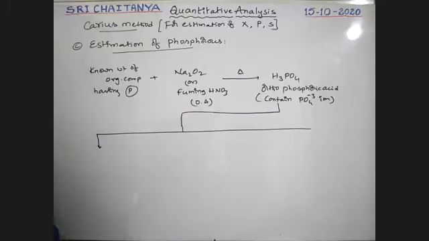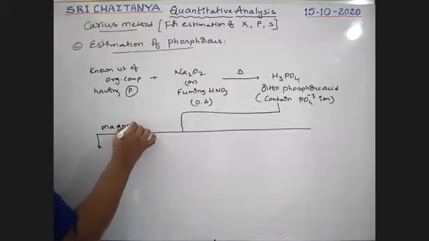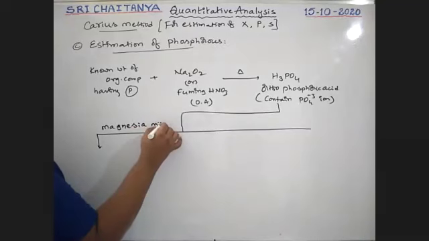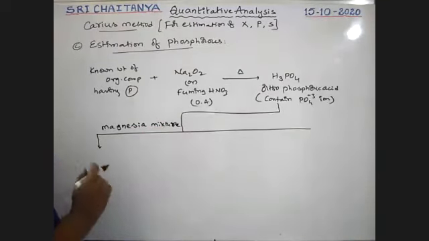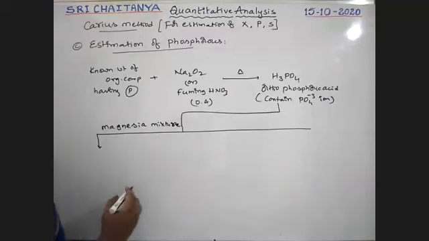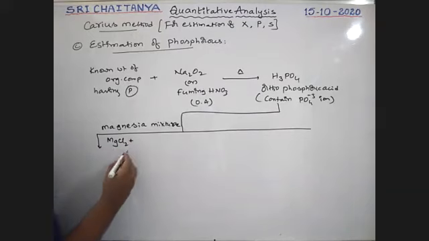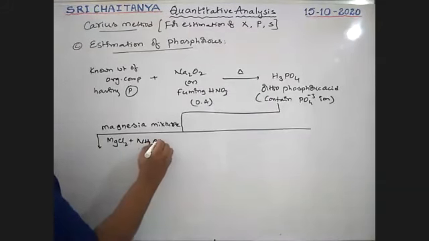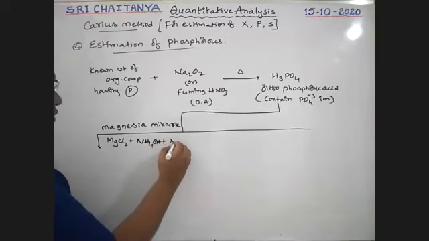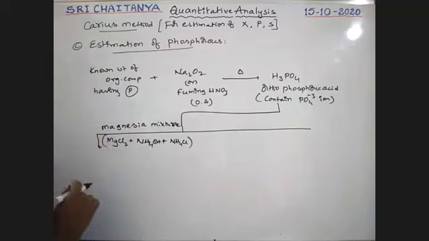Magnesia mixture is used, guys. What is this magnesia mixture? Magnesia mixture is nothing but magnesium chloride, MgCl2, plus ammonium hydroxide plus ammonium chloride. This mixture is called magnesia mixture.